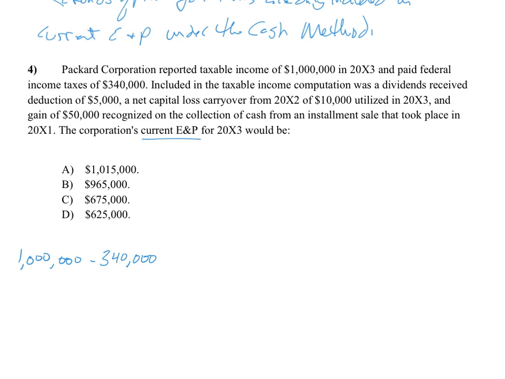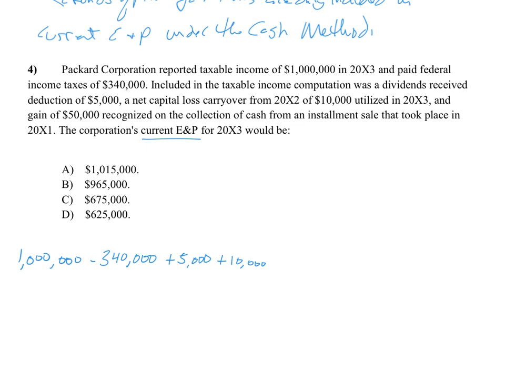Now, what was included in the taxable income? There was a dividends received deduction. All right, so we need to add that back. Okay. There was also a net capital loss carryover. So we get to add that back. So that was $10,000. All right.